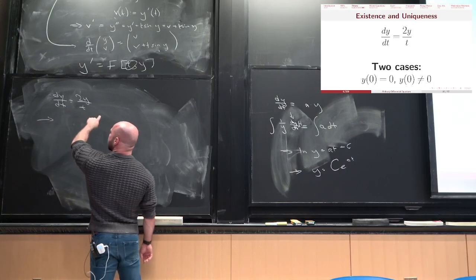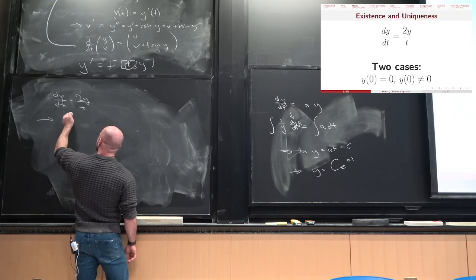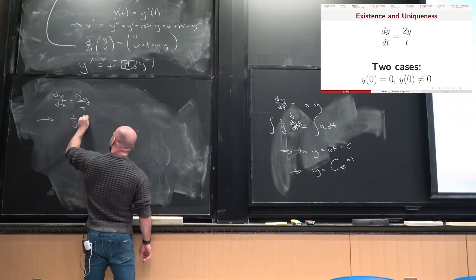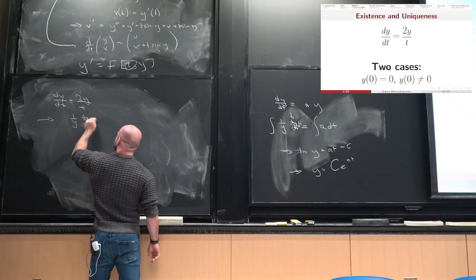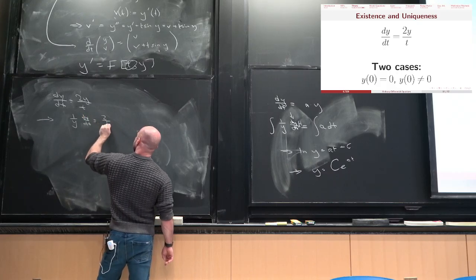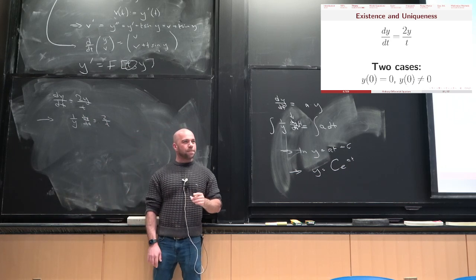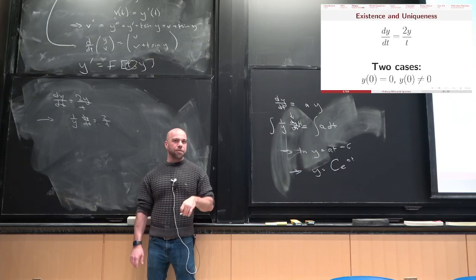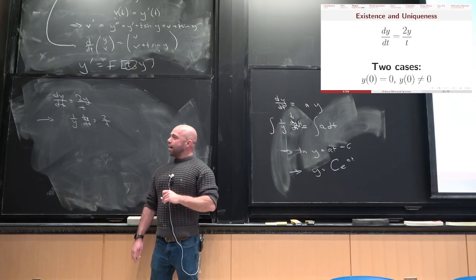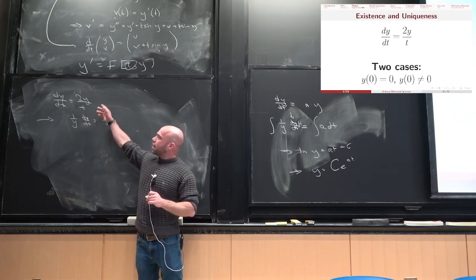Okay, so if we divide both sides by y here, we get 1 over y dy dt is equal to 2 over t. Again, we're just going to discount y equals 0, which of course a more rigorous proof should not do. And you guys see there's basically a pattern here.